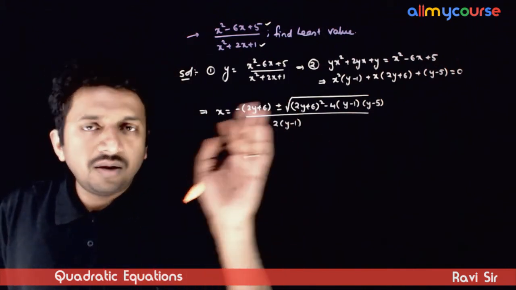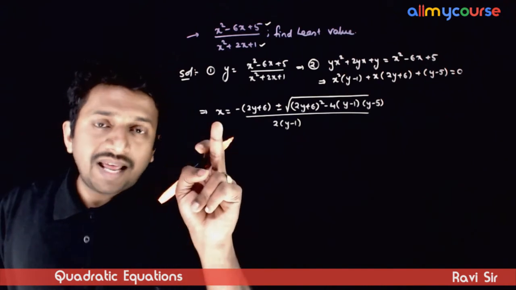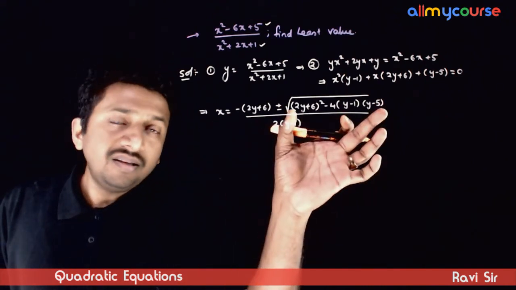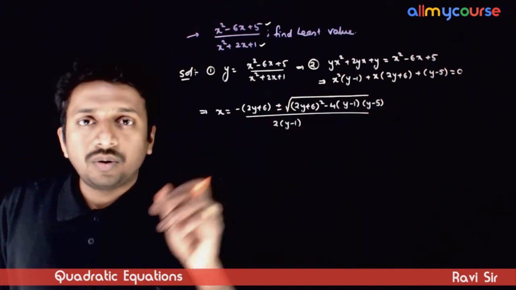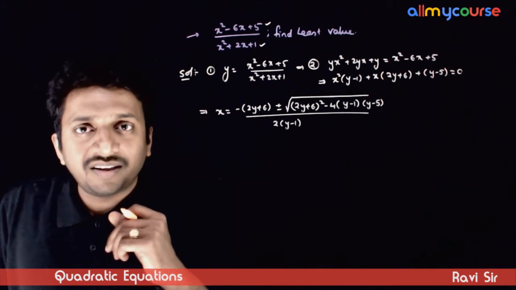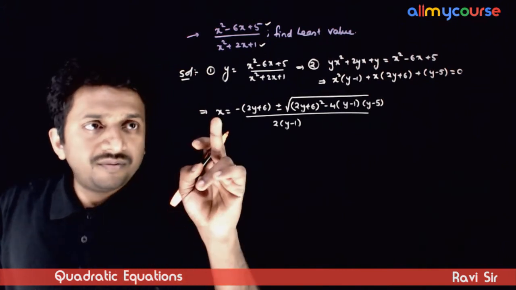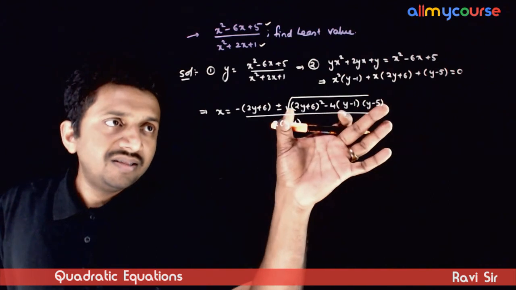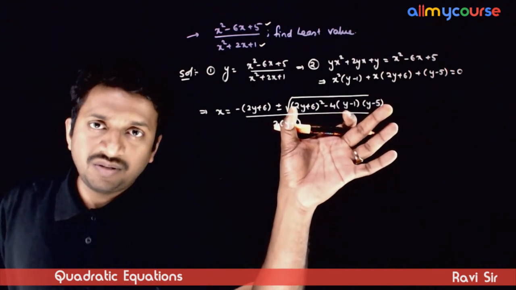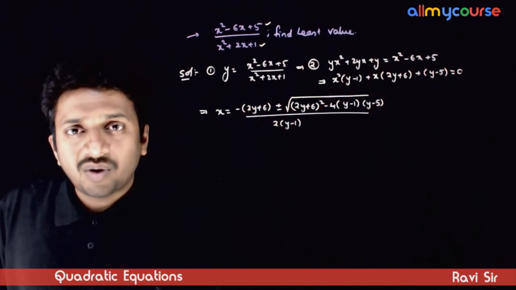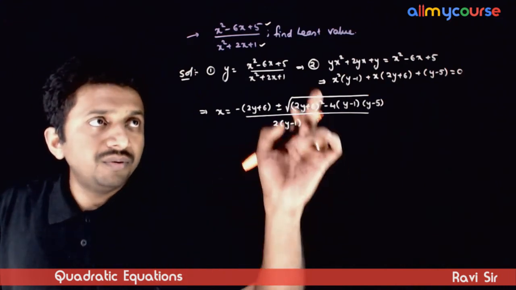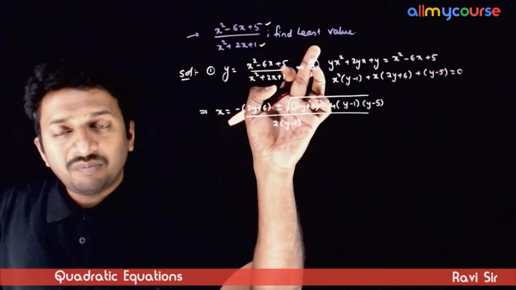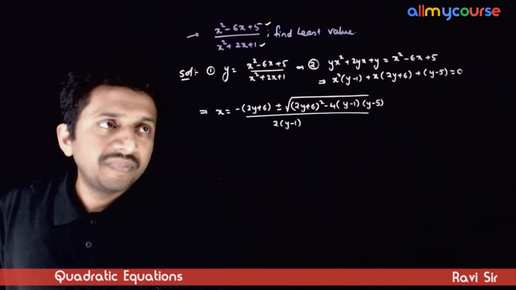So this is the value of x. Now for x to be defined, the number inside the square root has to be greater than or equal to 0. For a real x to be defined, this value has to be greater than or equal to 0. So that will be the required condition, which gives you the maximum and minimum values of y.